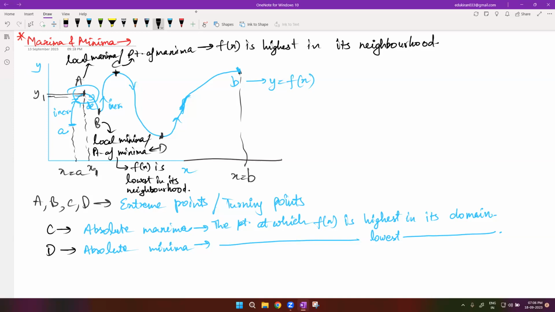So before that, let's understand how to find out, first of all, a maximum and minimum point. I mean, how to find out these extreme points. And then if you find out extreme points, then how do you check whether that extreme point is point of local minima or point of local maximum, right?